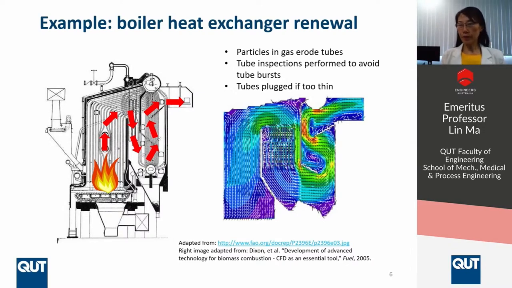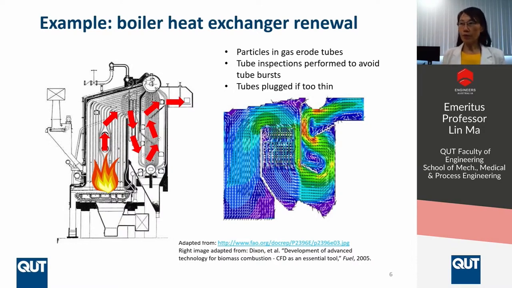We have come across similar assets in the power generation industry, and this particular one is in the process industry. And the tubes of those heat exchangers work in a very, very dynamic environment: thermodynamics, particle dynamics. There are particles in the gas that erode the tubes, and there are different pressures and flows.